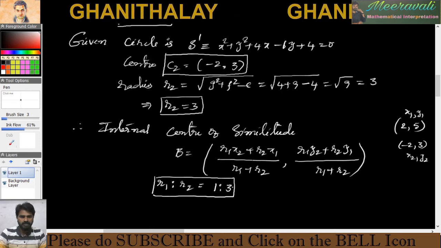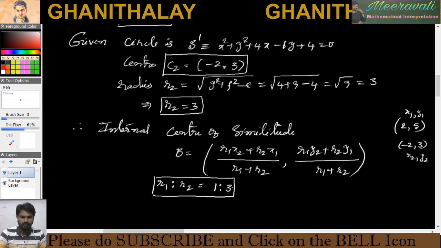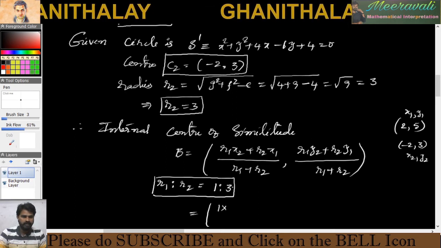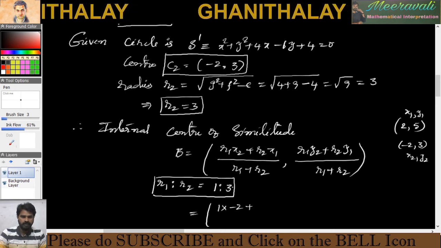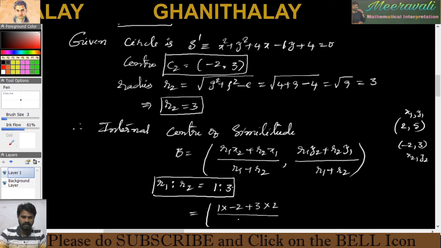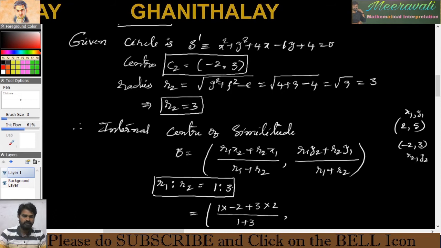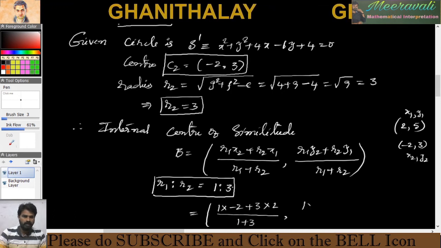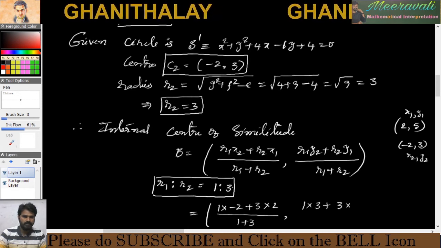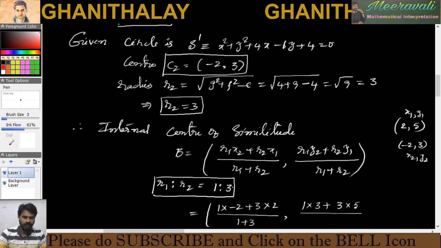Now you can simply substitute here in point B. That is r1 means 1 into x2 means minus 2 plus r2 means 3 into x1 means 2, by r1 plus r2, the sum of the ratio terms. Next, r1 1 into y2 3 plus r2 3 into y1 means 5, by 1 plus 3.